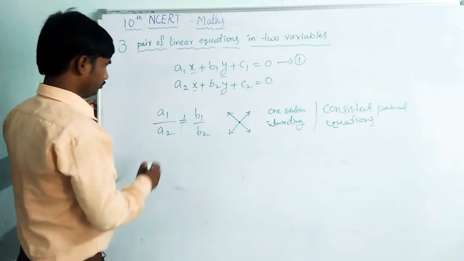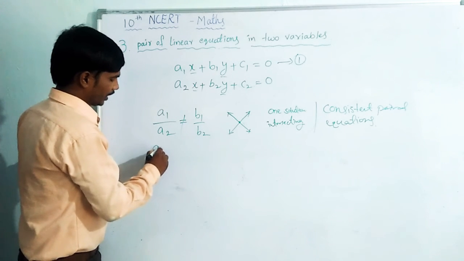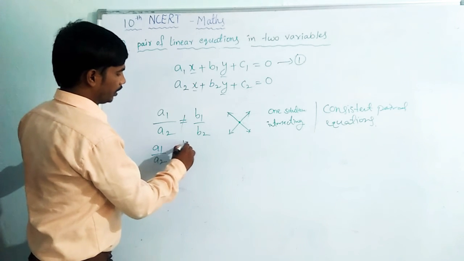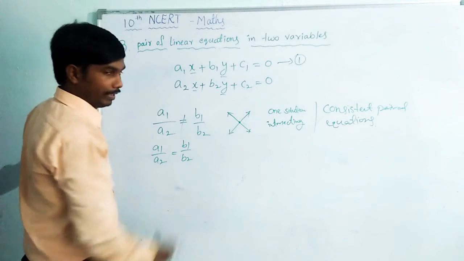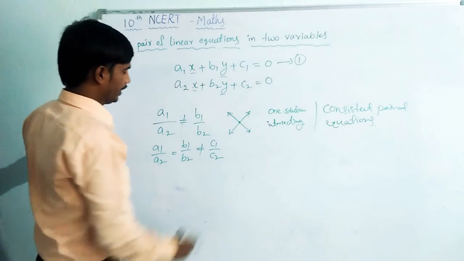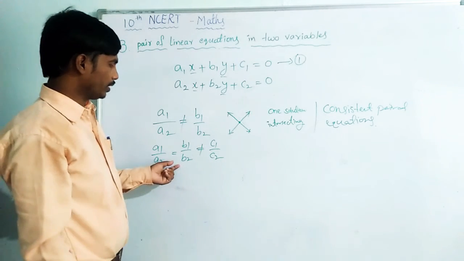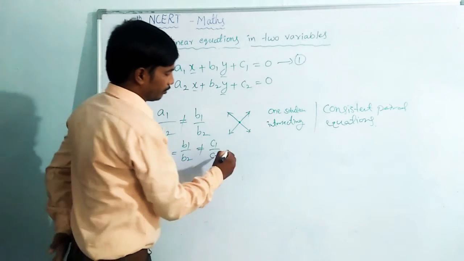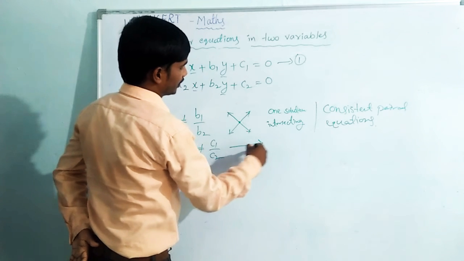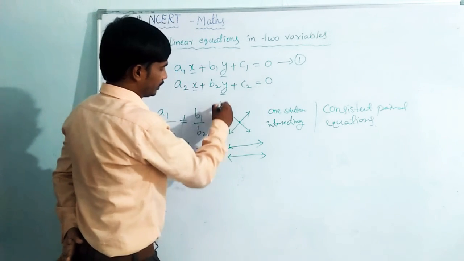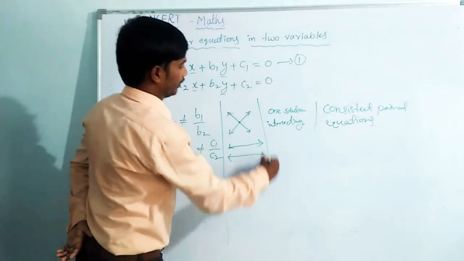Next, compare the ratios. If a1 by a2 is equal to b1 by b2 but not equal to c1 by c2, then the pair of linear equations are parallel.